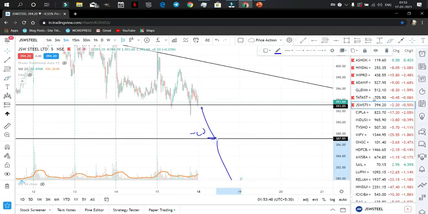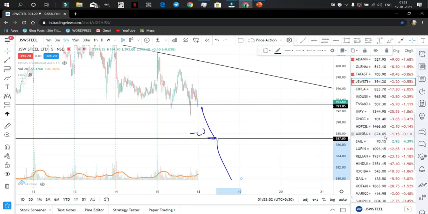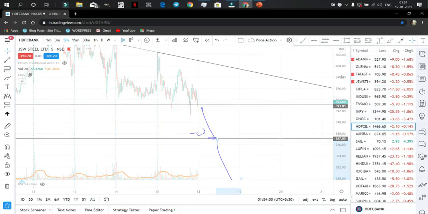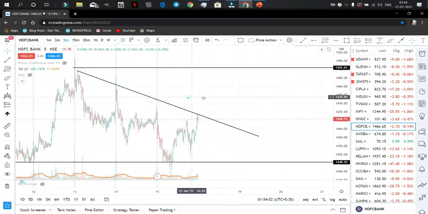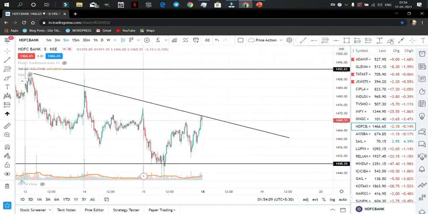Now there are other stocks as well, but these stocks are not that important, or the patterns are not that convincing to me. And HDFC Bank is another stock that has been in the news, and it has recently declared its results. If you don't like trading news, the result has been pretty positive.